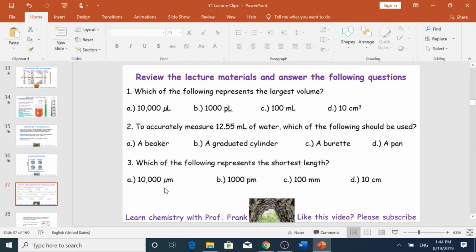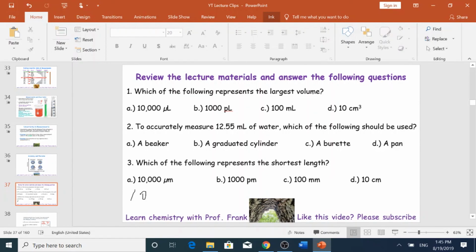Now, how about micrometer? This is 10,000 micrometers, where each is 10 to the negative 6 meters.